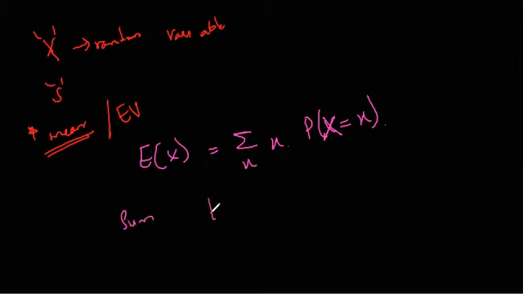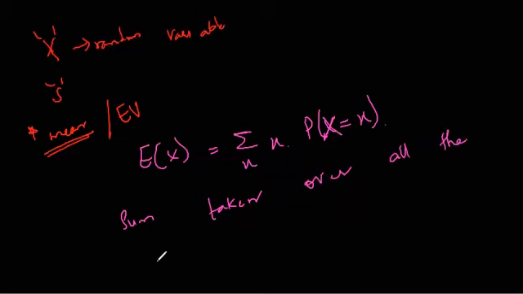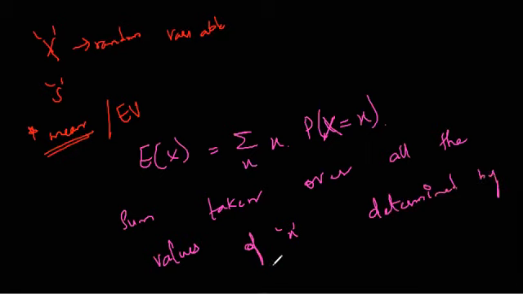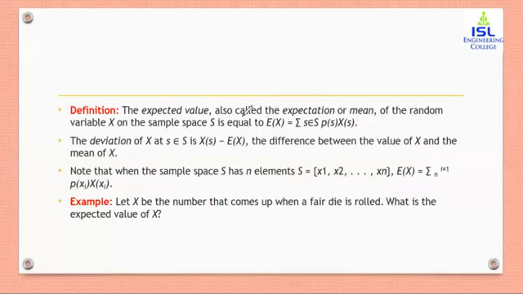over all the values of x determined by the random variable capital X. Okay, now let's see the expected value, also called the expectation or mean of the random variable X on the sample space.